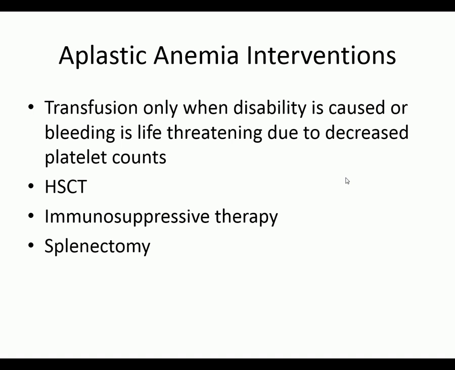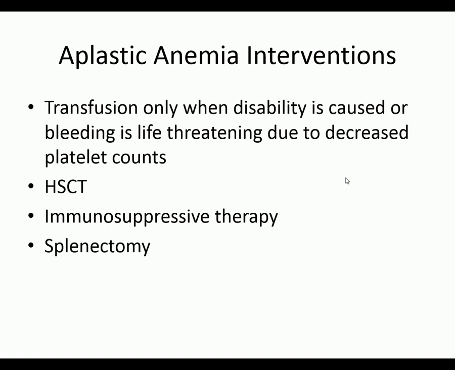Okay, in your bone marrow transplant is a successful treatment for aplastic anemia, but its cost and availability and complications have limited its use.